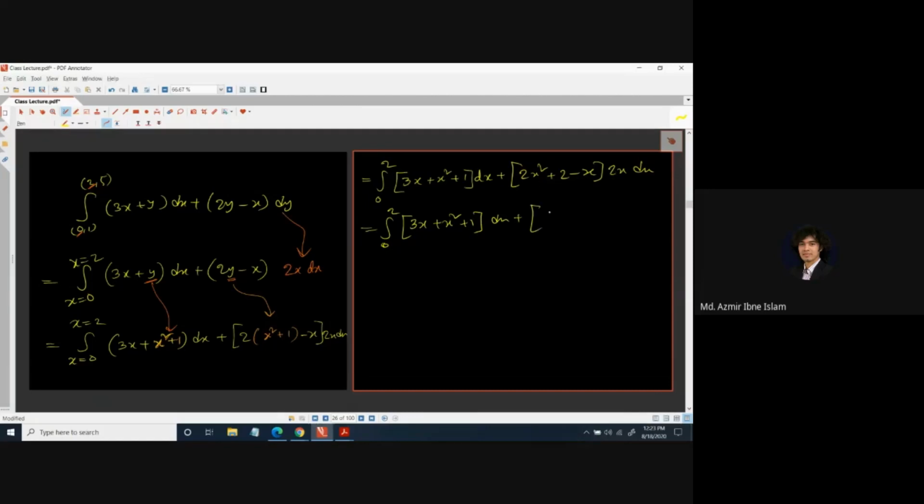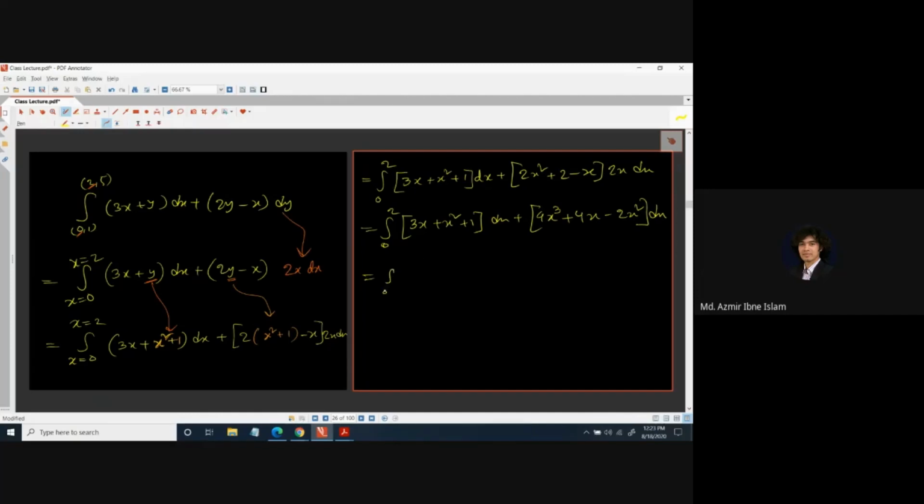And if we multiply 2x squared and 2x, then it is becoming 4x cubed, 4x minus 2x squared dx. So we can integrate here, but we can also simplify before applying our basic integral skill.